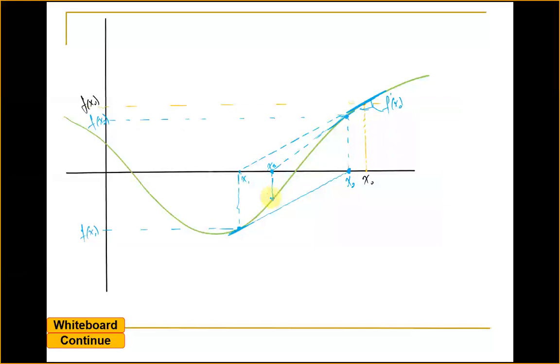Go across. This will be the function at x3. And the function of x3 has its own slope.